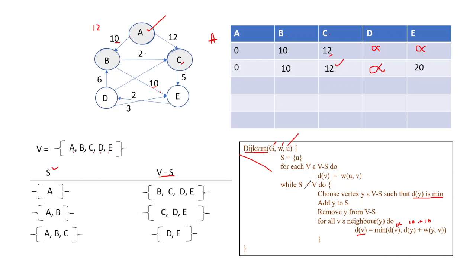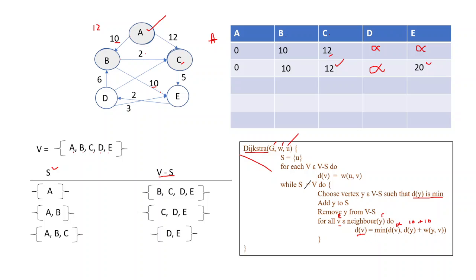Now we have to consider the neighbors of C. C has only one neighbor, that is E. We have already got a path cost from A to E that costs 20 here. Now for all V, in this case our V will be E, since C has only one neighbor, so that belongs to neighbor Y, that is C.